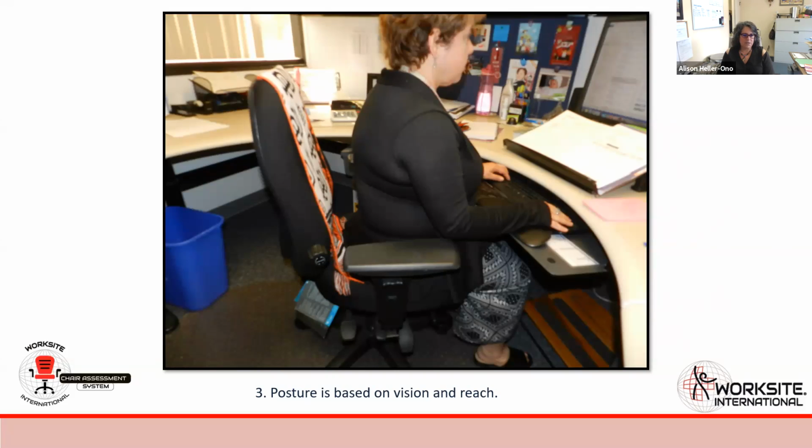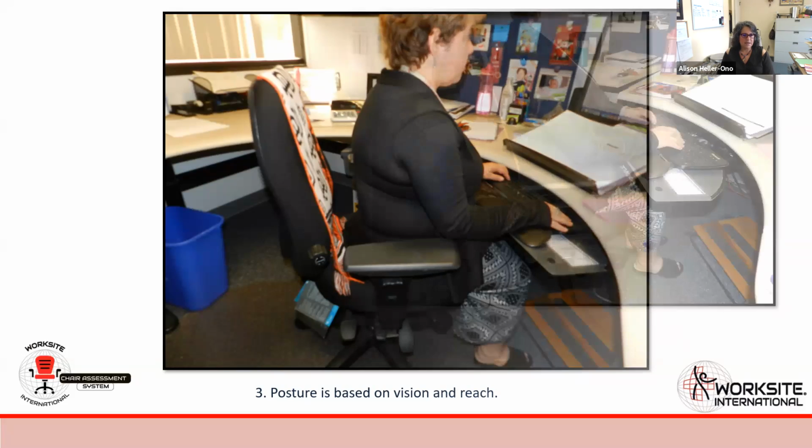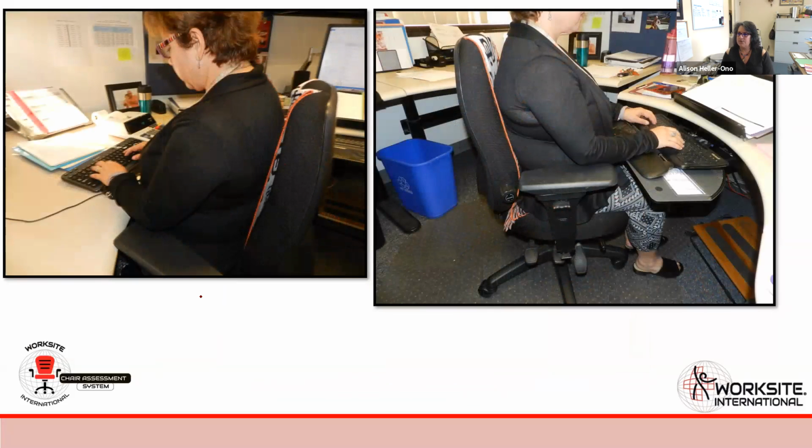And that goes back to lesson, I think it was 1, the 5 steps to setting up the workstation, starting with chair fit. So you can see here, following, and now I've moved her to a different position just to test the height of the work surface at 27 inches. The other side was much higher.